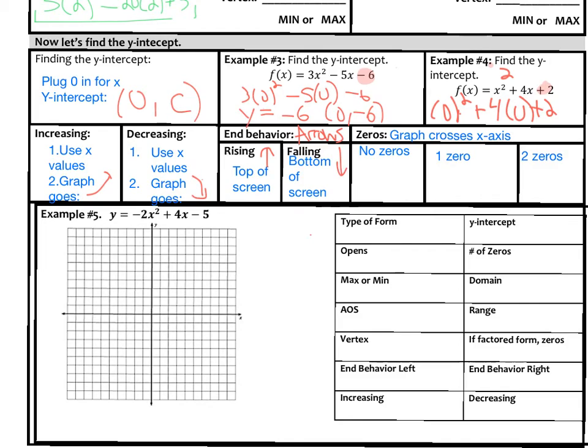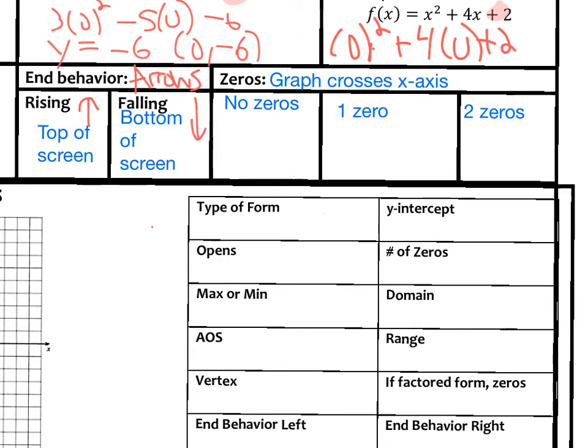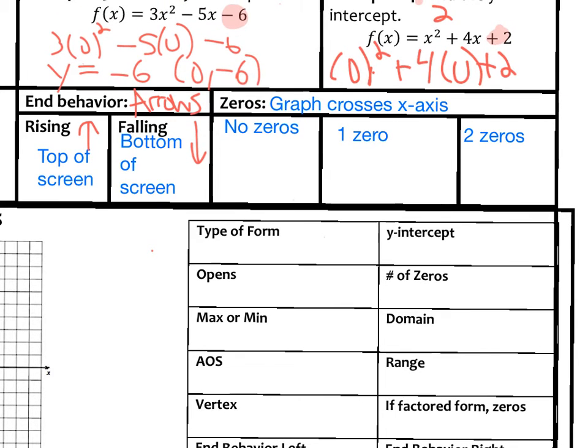And then we have this weird thing called zeros, but now I have no zeros, 1 zero, or 2 zeros. So we need to talk about that. So finding a lot of information here. So remember, zeros are where a graph crosses the x-axis. Okay? And if there are no zeros, the graph doesn't cross the x-axis at all.